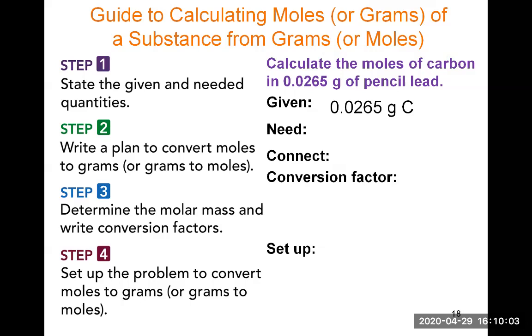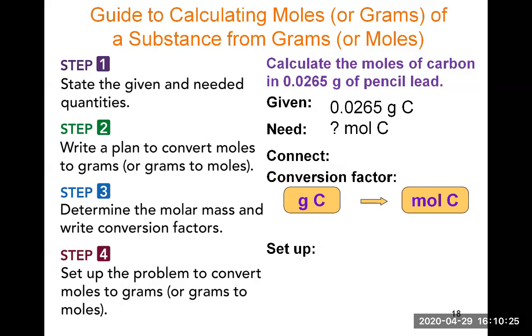What we need, so what is the question asking for? It's asking for a number of moles of carbon contained in that small amount of pencil lead. So you see here that the roadmap will show that you start with grams and you want moles, right? So if you need help with that, it's nice to write a roadmap that shows your starting unit and the final unit.